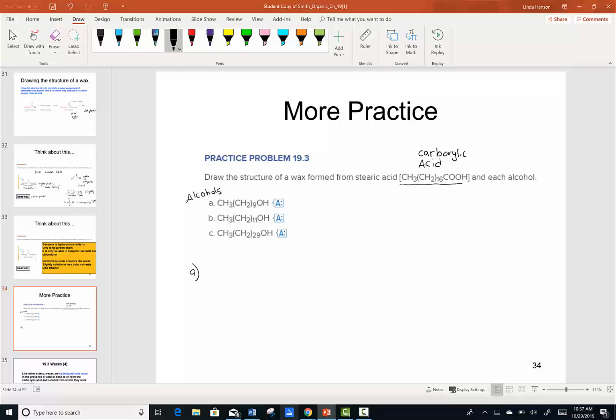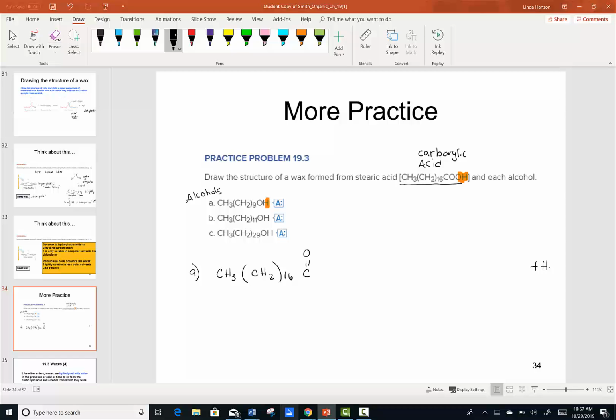We begin by writing out the acid, and it started with a methyl group, CH3. In parentheses, we have CH2 taken 16 times, and then finally the COOH, COO. And remember what we're doing when we form these, we take the OH from the acid and the H from the alcohol, and we split out to make a water.